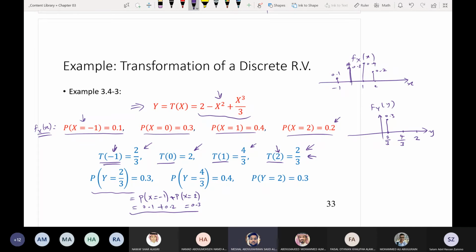Now the probability that y equals 4 over 3, the second value. When does y equal 4 over 3? When x equals 1, and the probability that x equals 1 is 0.4.